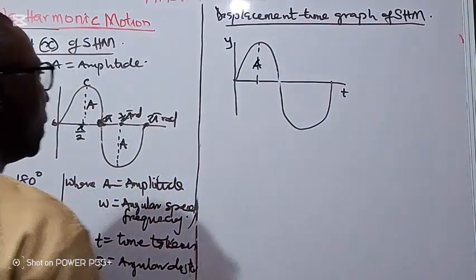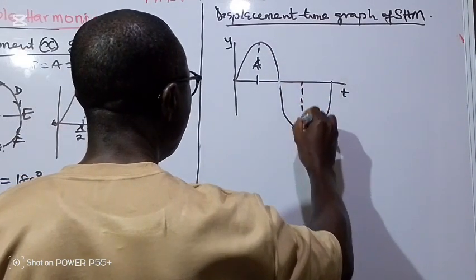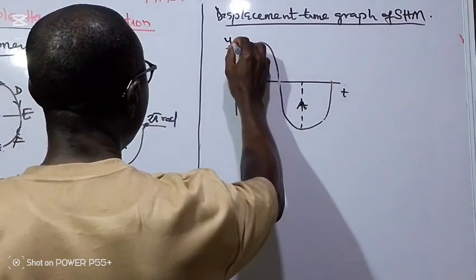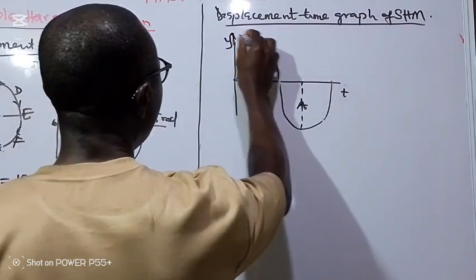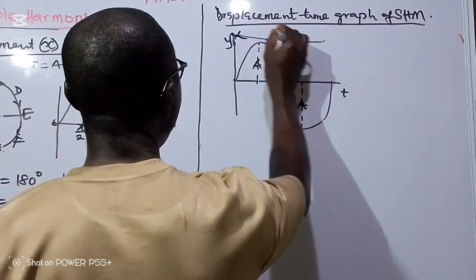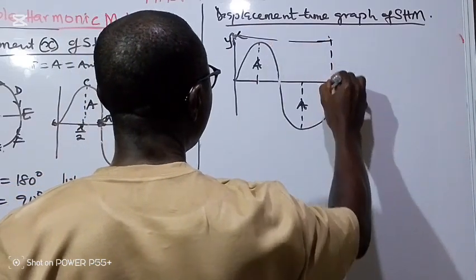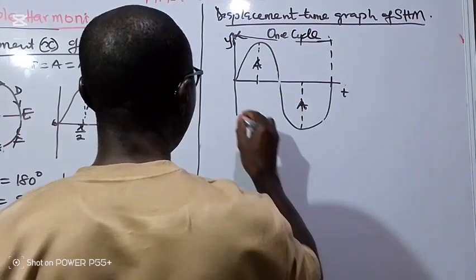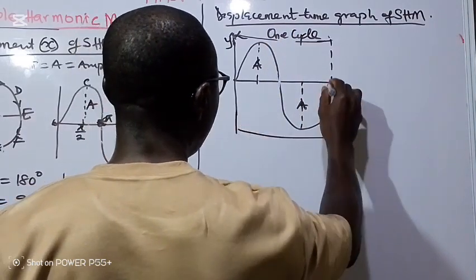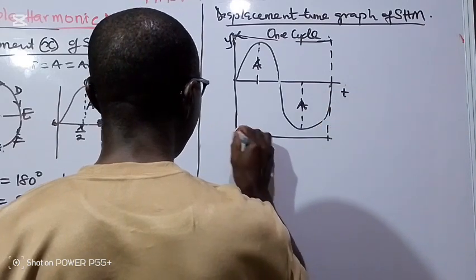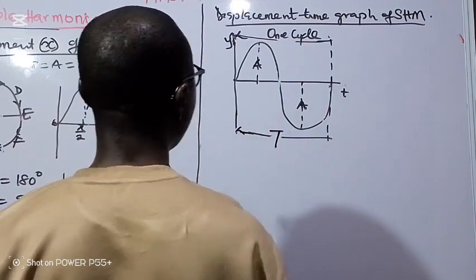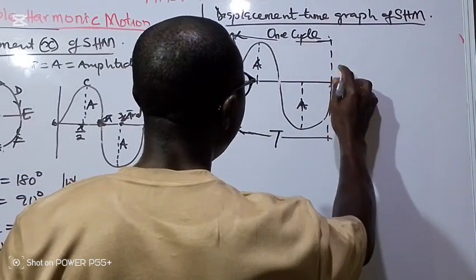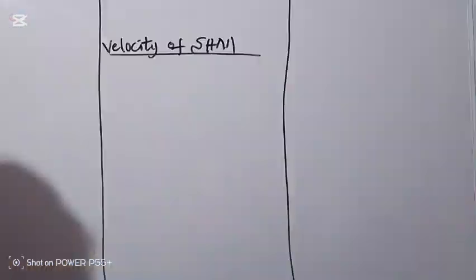From here to here, this is minimum amplitude. As I said the other time, this is one complete cycle, and from here to here is the period, capital T. So this shows the displacement time graph of simple harmonic motion.